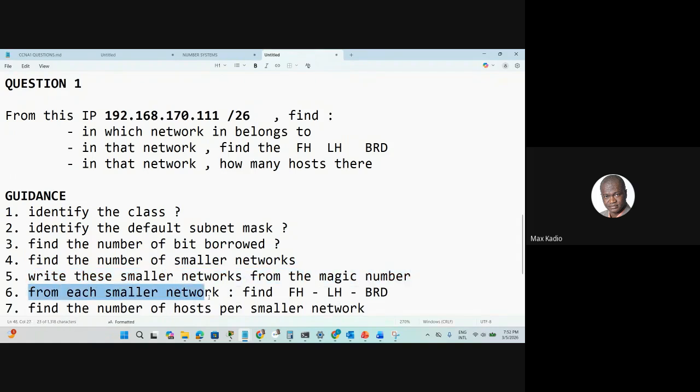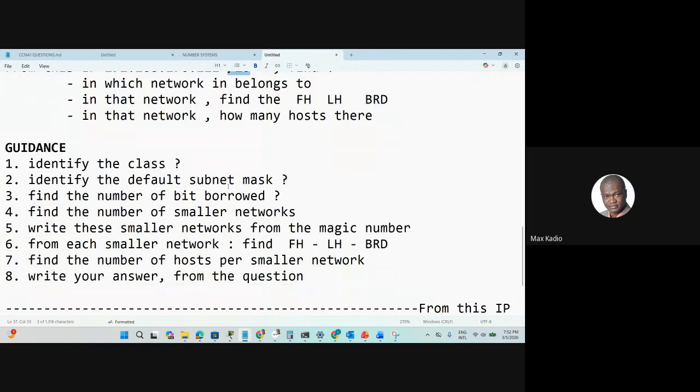From each smaller network, find the first valid host, last valid host, and broadcast, and find the number of hosts per smaller network. And at the end, don't forget your questions, such as which network this one belongs to. Also, /26, you can also convert to decimal. So all these things you should do. Write your answer from your questions. We answered this one.